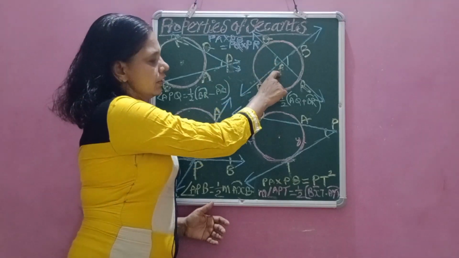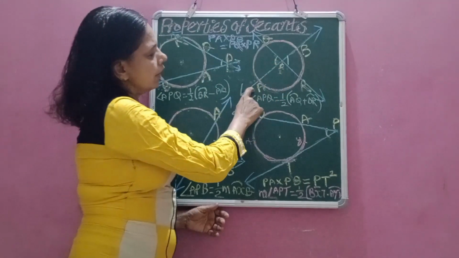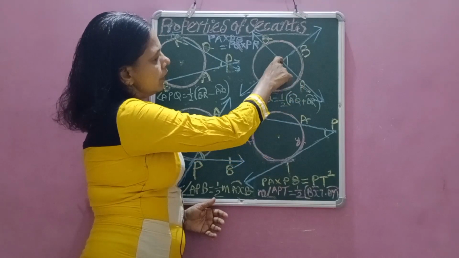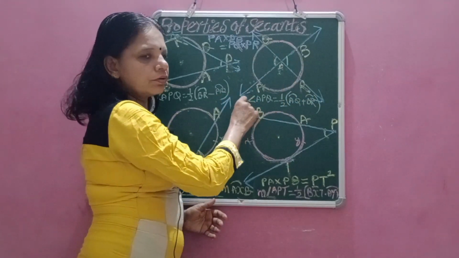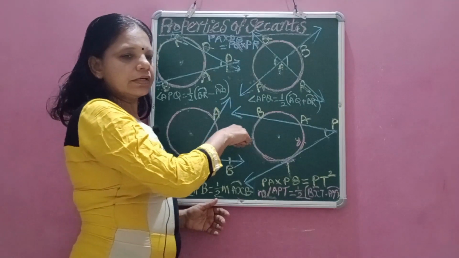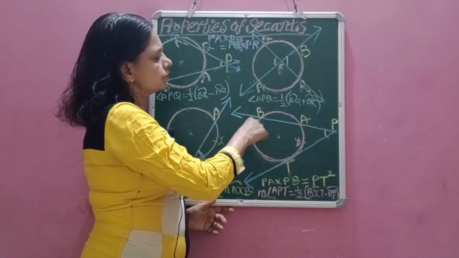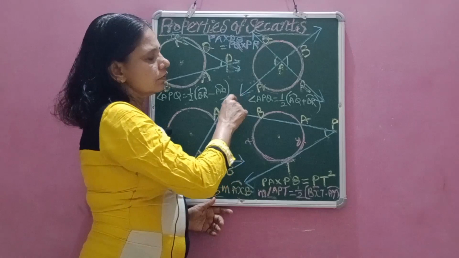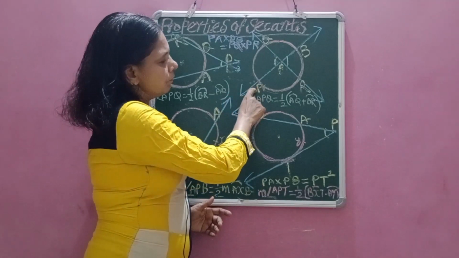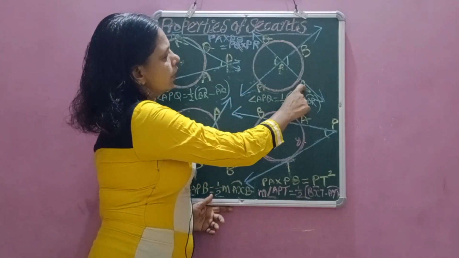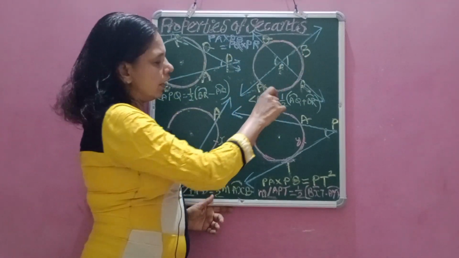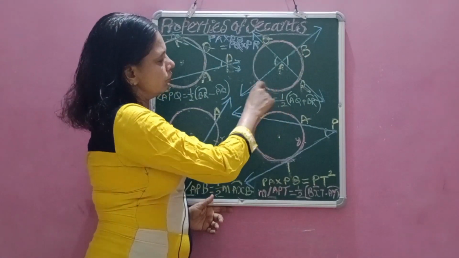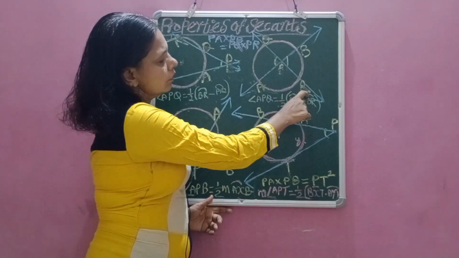If it is in the interior, angle APQ equal to, here also you have to take the intercepted arcs, that is PAQ and QB. They are summed and half of that. So what is APQ?